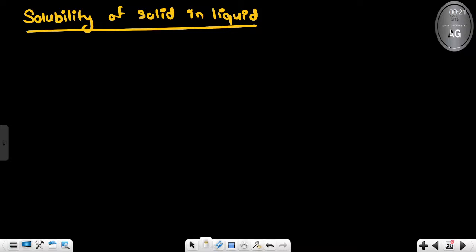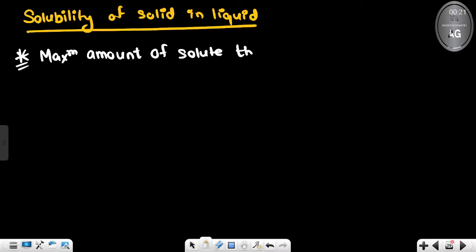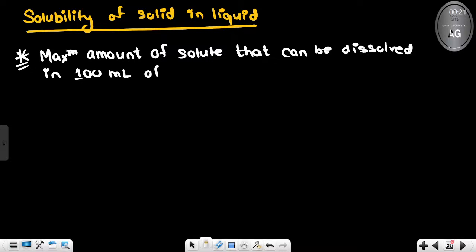So if I am talking about the definition of this, it will be the maximum amount of solute that can be dissolved in 100 ml of solution.